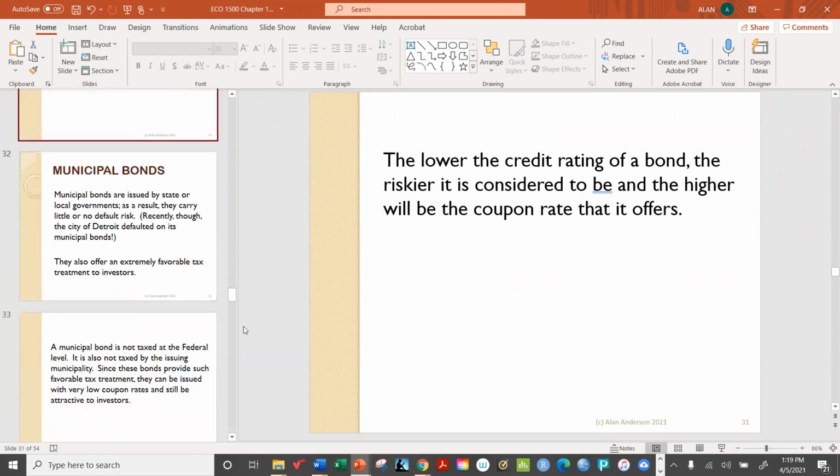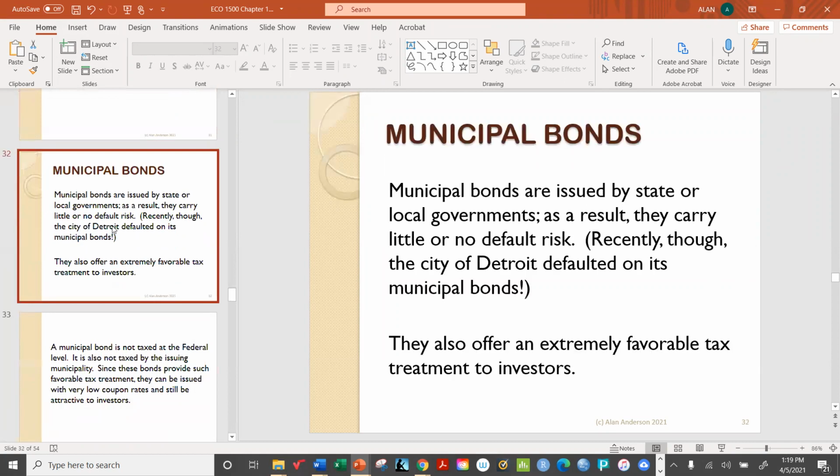All right, anyway, so these last two we can go through pretty quickly. Municipal bonds are issued by state or local governments or city governments. They have little or no default risk, but not none, like treasuries. So, for example, the city of Detroit defaulted on its municipal bonds about 5 years ago, which means that if you own one of those bonds, you're probably not going to get what you thought you were getting.